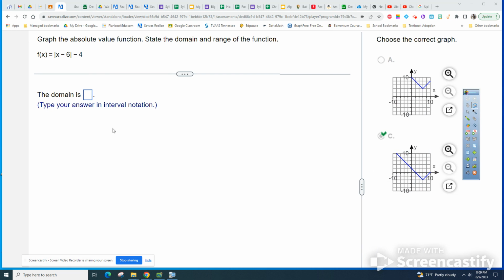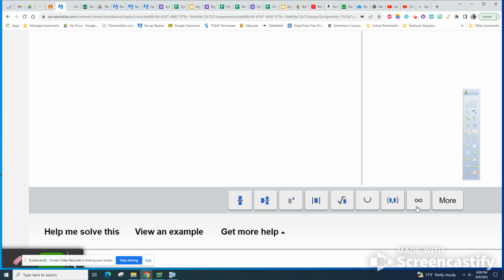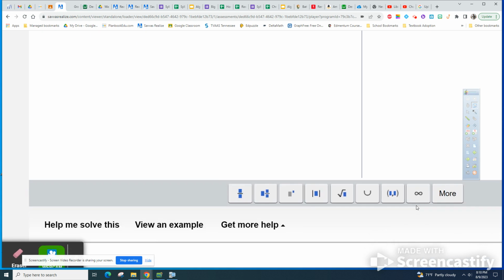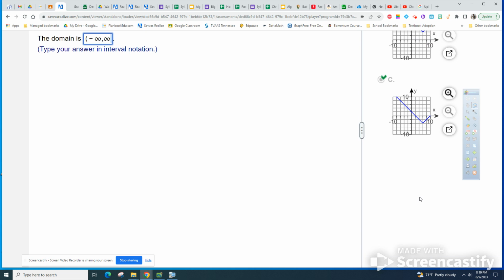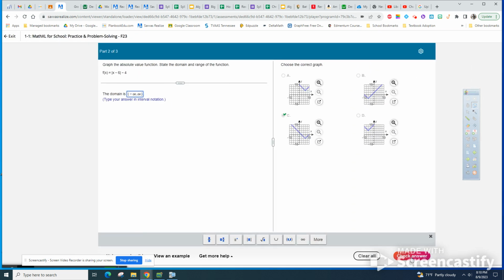So since they want interval notation, we're going to go open parentheses, negative infinity, and hit comma, then positive infinity. And close that up. So there's the domain. Check answer.